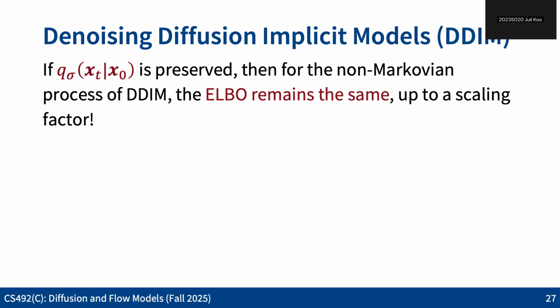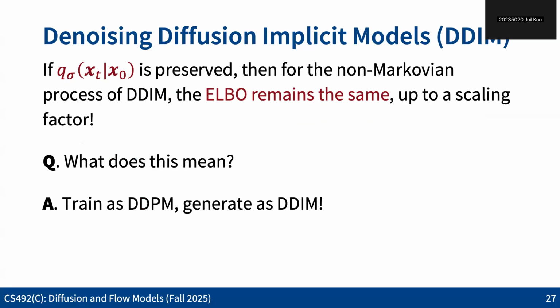Can you see the meaning of this? What's the meaning of making the ELBO function the same? Yes, the meaning is that once you train the DDPM model with the same ELBO function, you can change the generation process.